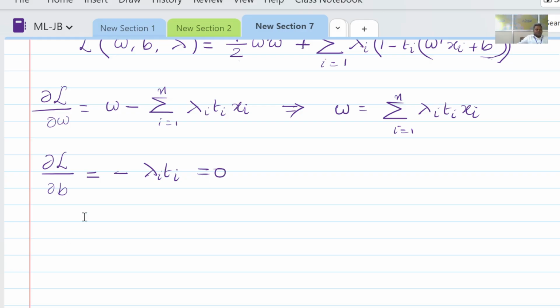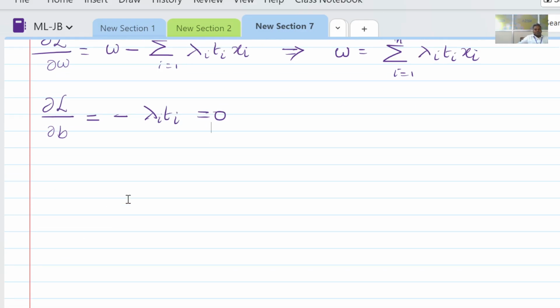Now substituting in this equation to find W and B and lambda for optimal.